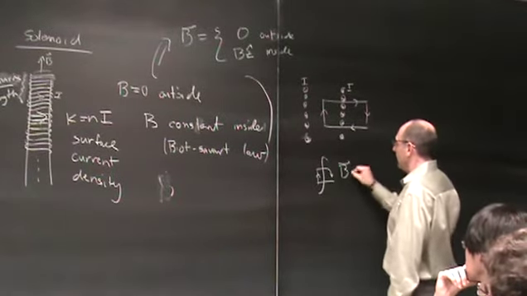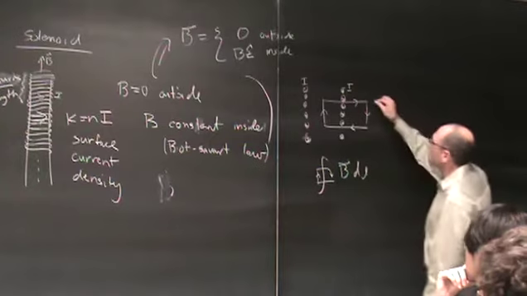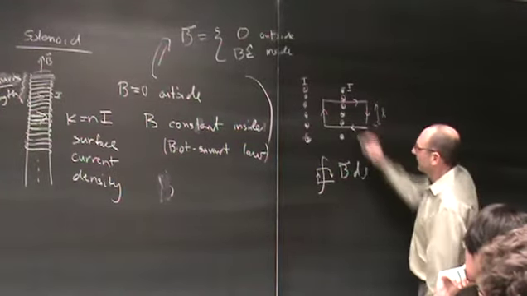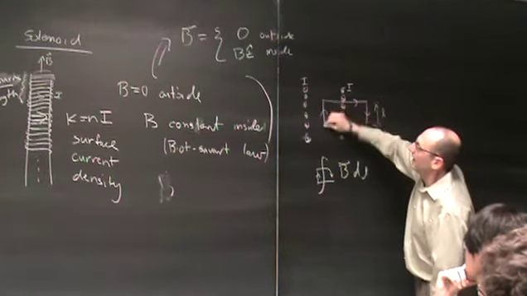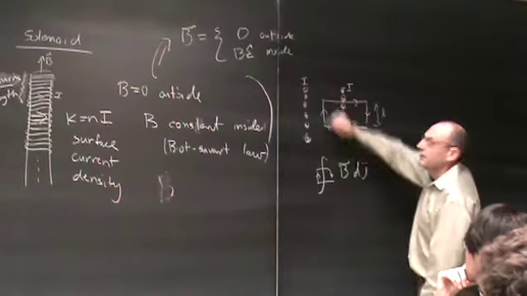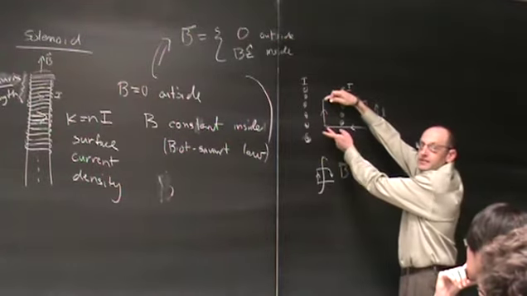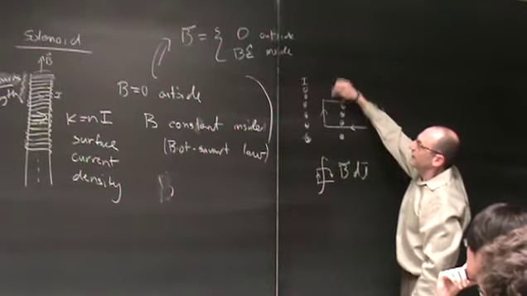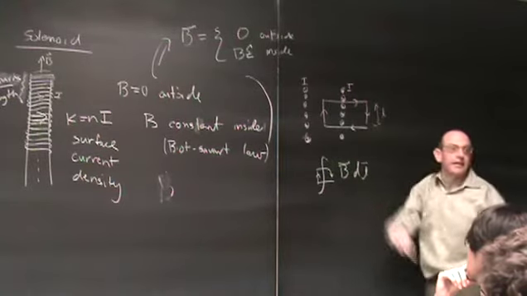of B dot dl is what? Well, if I call the length of this thing L, B is constant along here. The only leg of this loop which contributes to the circulation integral is this one. B dot dl is 0 here, because B is along the z direction and this is perpendicular to it.